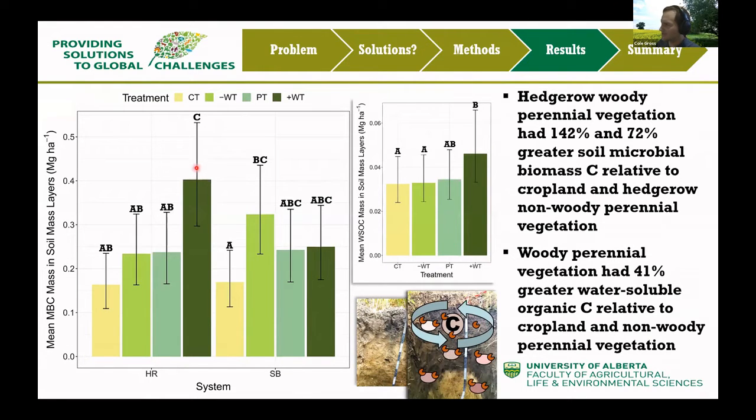Hedgerow woody perennial vegetation had 142% greater soil microbial biomass carbon relative to the cropland, and 72% greater soil microbial biomass carbon relative to the hedgerow non-woody perennial vegetation. Woody perennial vegetation had 41% greater water-soluble organic carbon relative to cropland and non-woody perennial vegetation.